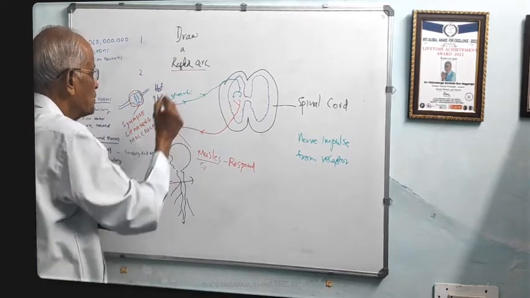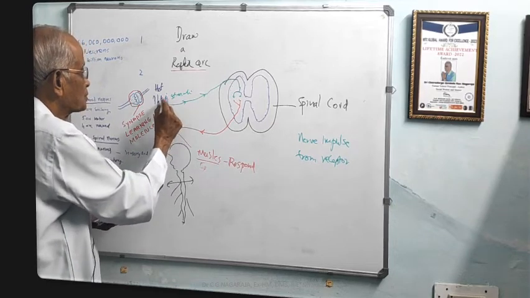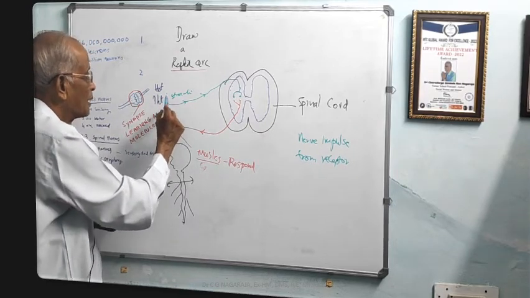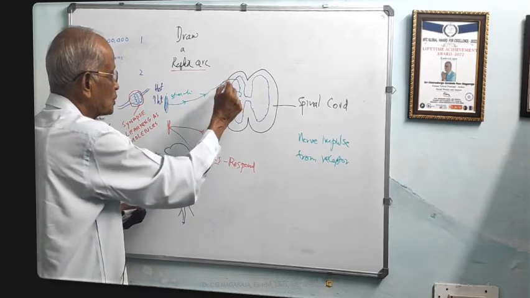So reflex arc means there will be one receptor, and there the impulses will travel to the spinal cord.